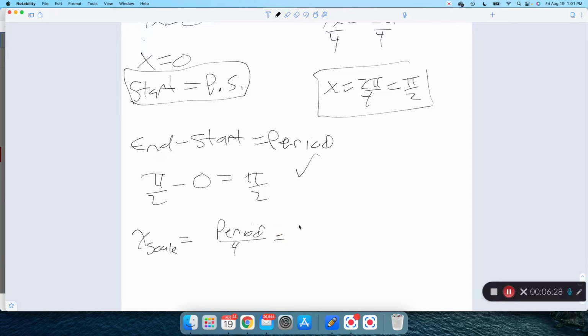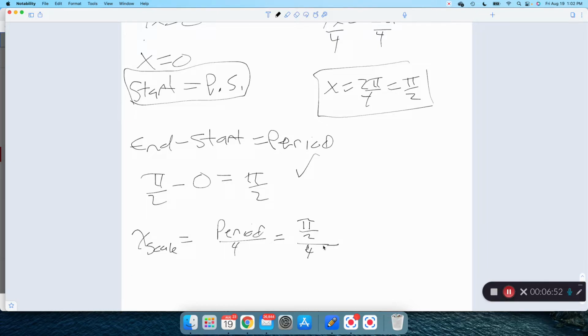Okay, so here's where mistakes start happening. People not knowing how to work with fractions well. I want pi over 2 over 4. The pi just comes along for the ride. Don't stress about the pi. This is really 1/2 divided by 4, and then we'll tack the pi on at the end. We've got to do keep, change, flip here.